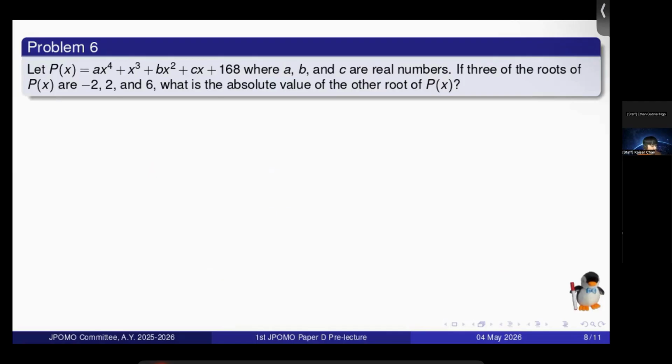Before I dive into the solution, I'm going to introduce something first that maybe not many of you might know. This is Vieta's formulas.